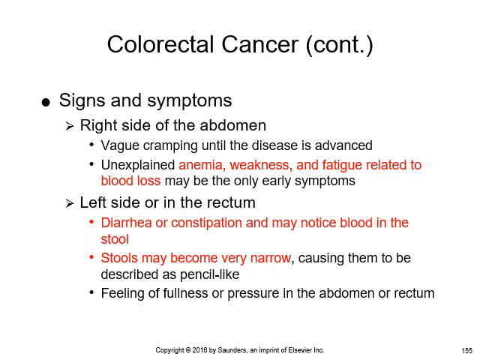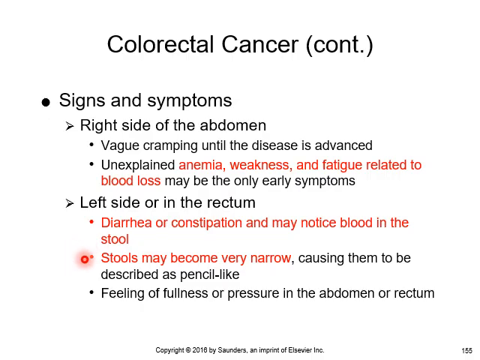Signs and symptoms: on the right side of the abdomen, the patient will feel vague cramping until the disease is advanced, along with unexplained anemia, weakness, and fatigue related to blood loss. On the left side or in the rectum, the patient will have diarrhea or constipation, and may even have blood in the stools.